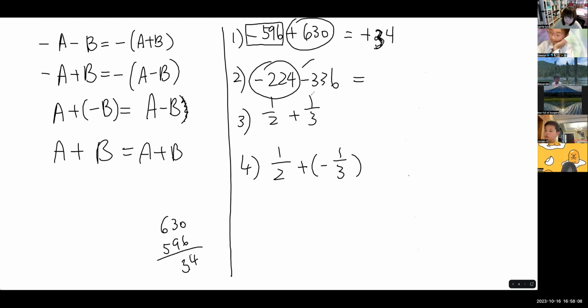So both of them are negative. So Alexander, it's positive or negative? Positive. Both of them are negative. Alexander?